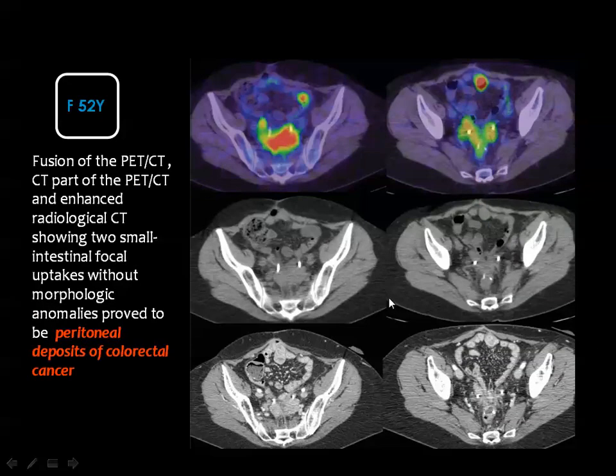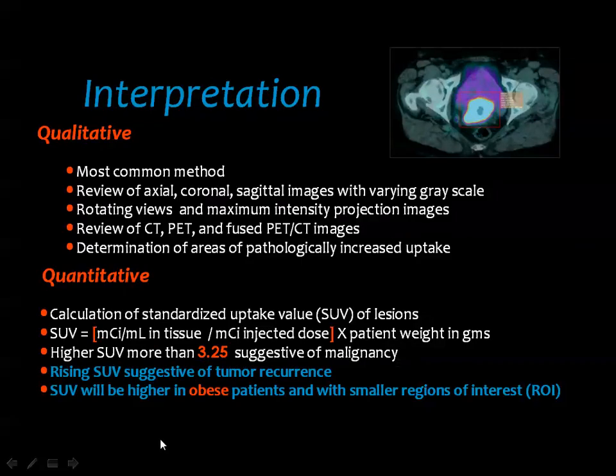Then these images are presented here, where you can see the difference between the pre-contrast CT scans, the post-contrast CT scans, and the PET-CT images, where you can appreciate the presence of metabolically active metastatic nodules in a patient with colorectal cancer. And if you look carefully in the pre-contrast and the post-contrast, you can hardly see the presence of these metastatic deposits.